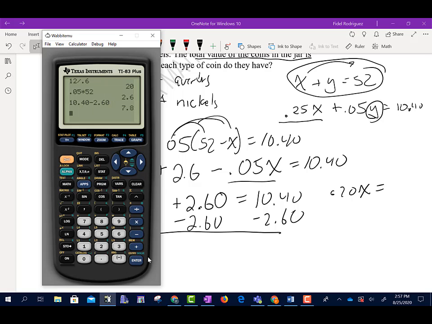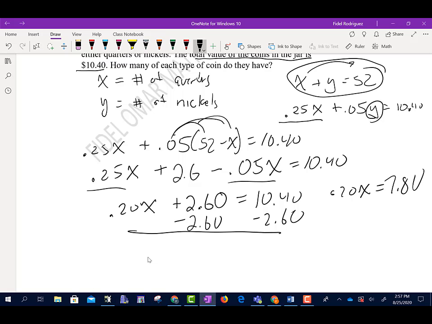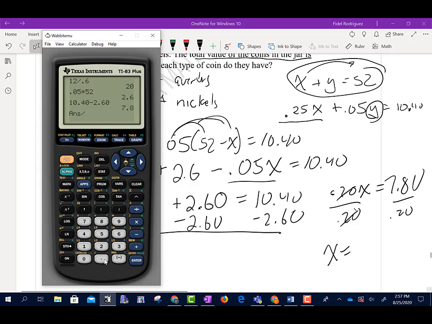So that's $7.80. And then we'll divide by 0.20. Okay, so let me do that. And divide it by 0.20. And x is 39.